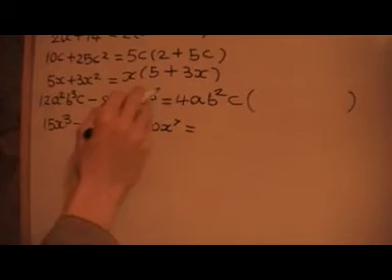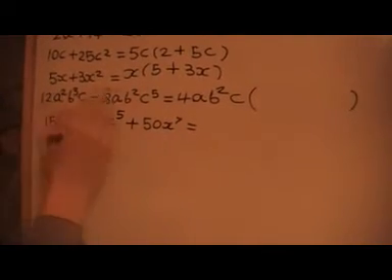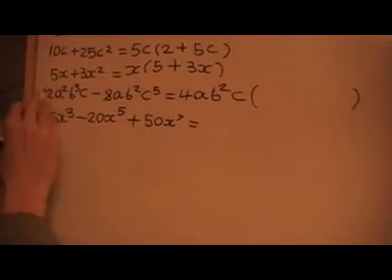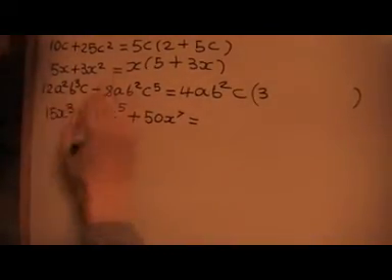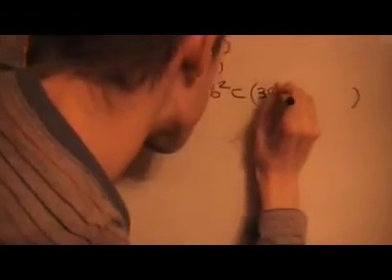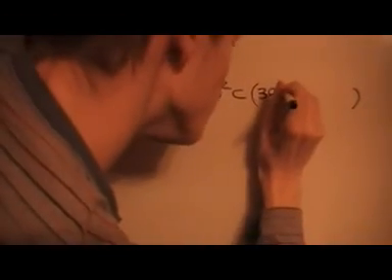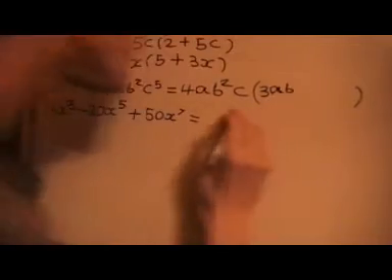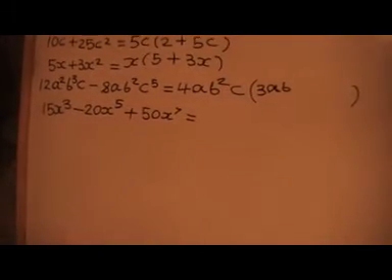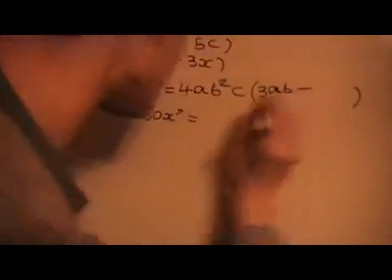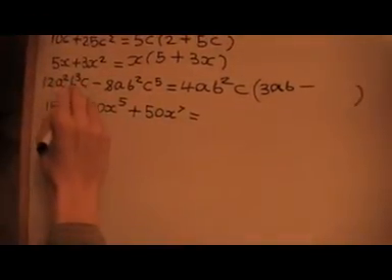Now we need to work out what we need to multiply by to get both of these. Okay, so I need to multiply by 3ab, because we've already got the c. And we need to raise both of them by 1 more power. This is negative, so we need to multiply this by minus 2.